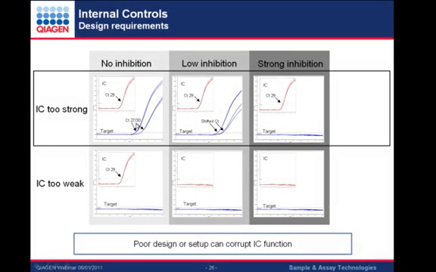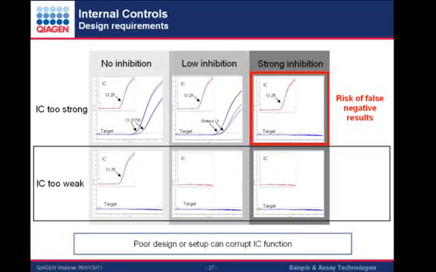It's negatively influenced. With a low amount of inhibitors present, the CT is shifted a bit, and with strong inhibition, the target drops out completely. So if this happens, then in the worst case, it would mean that you would have the risk of a false negative result here.